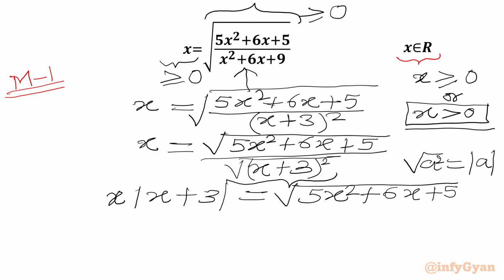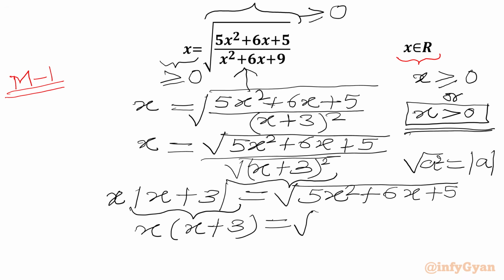Now x is positive, so mod of x plus 3 will always be positive. So we can write x times x plus 3 must be equal to square root of 5x square plus 6x plus 5.